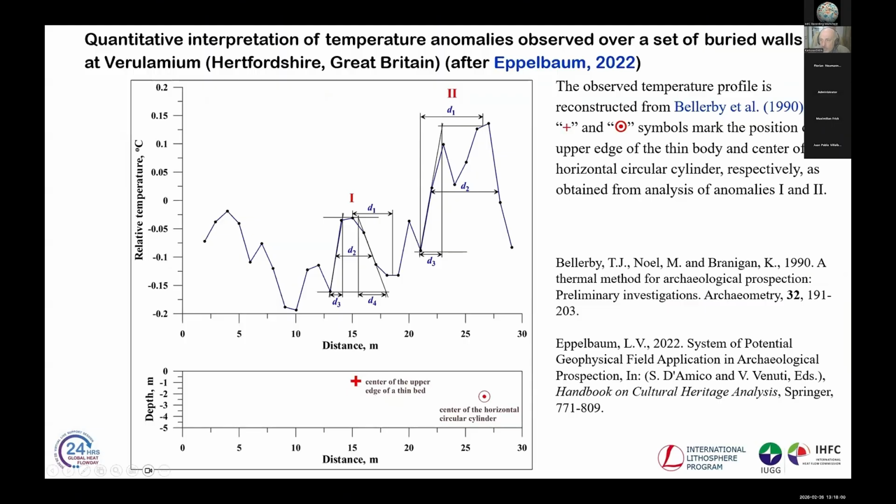This is the observed temperature anomaly from Bellerby et al. The characteristic point method and tangents method were applied and we received the position of archaeological remains that coincides with the archaeological excavation result.